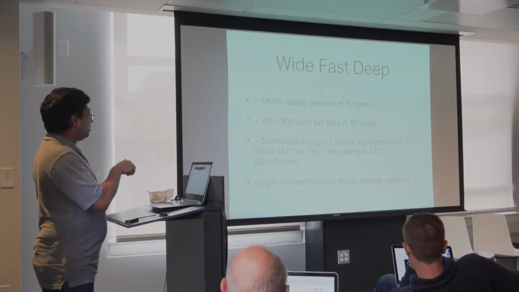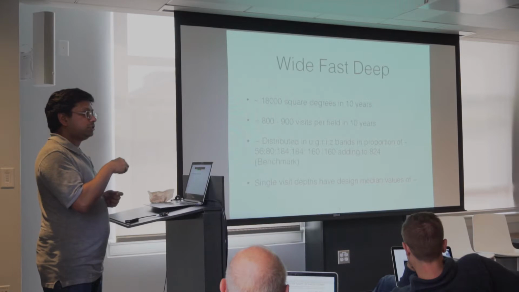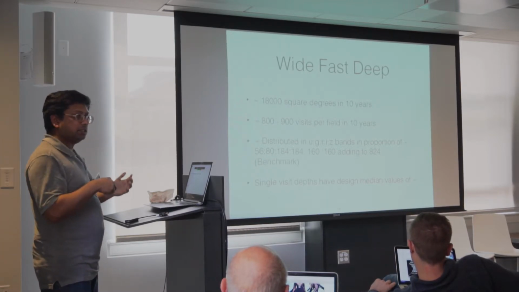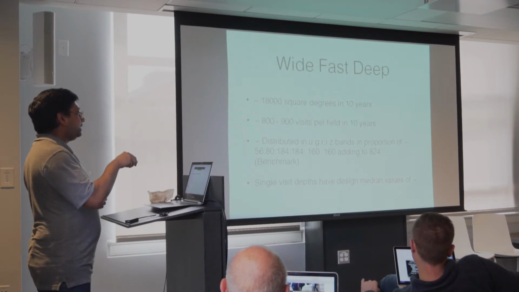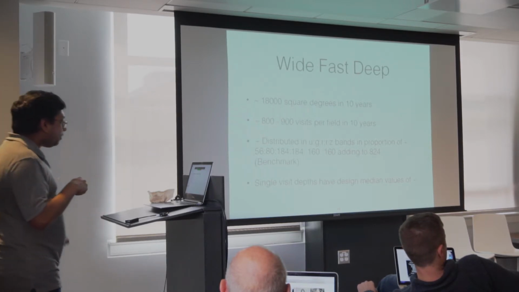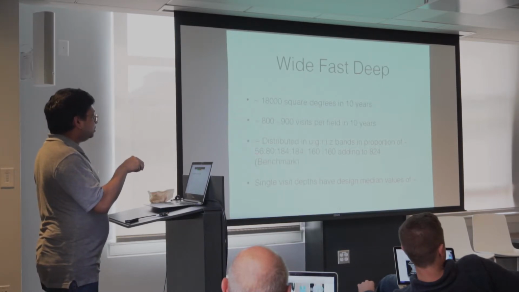I think there was a question about how that's distributed. This is the benchmark distribution that is aimed for. It's all statistical, so it doesn't exactly follow that, but that's roughly the distribution that we aim for.